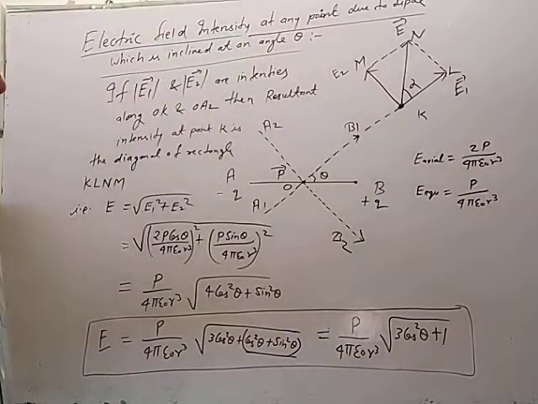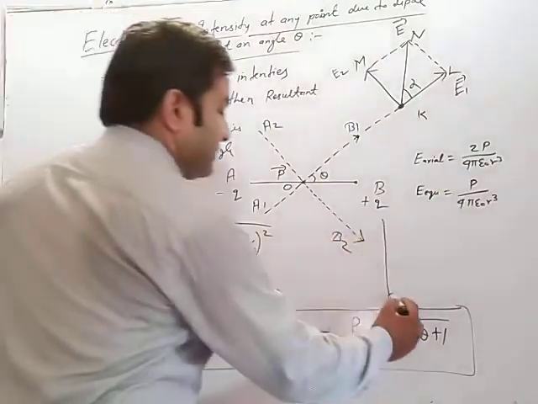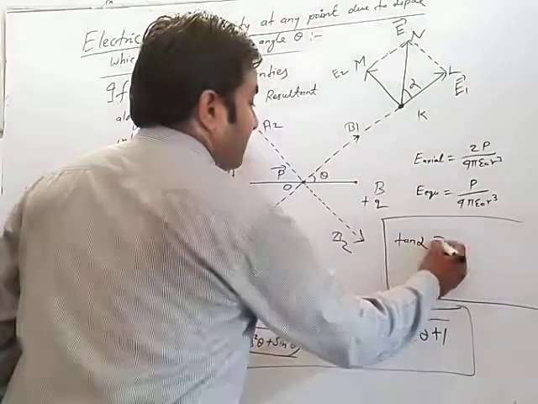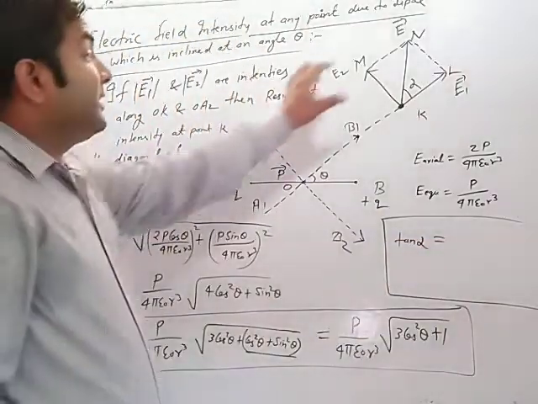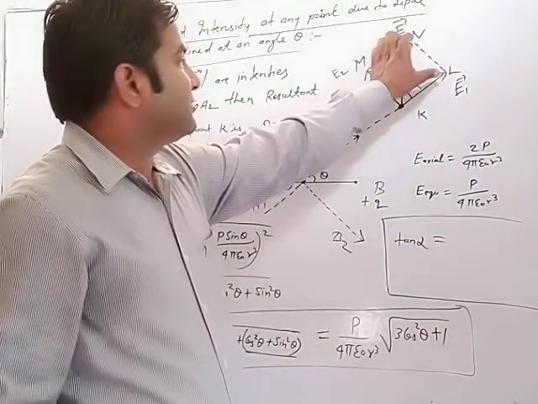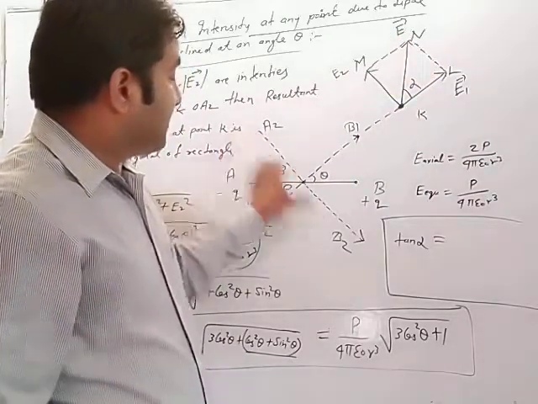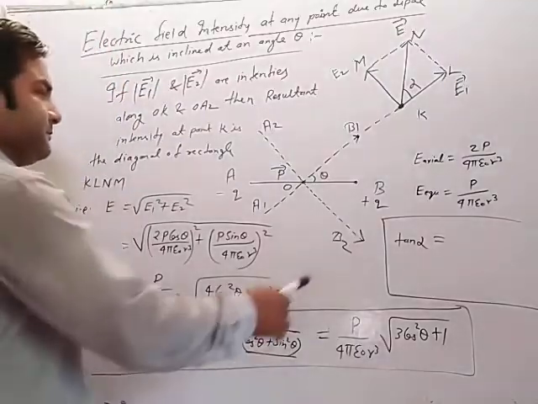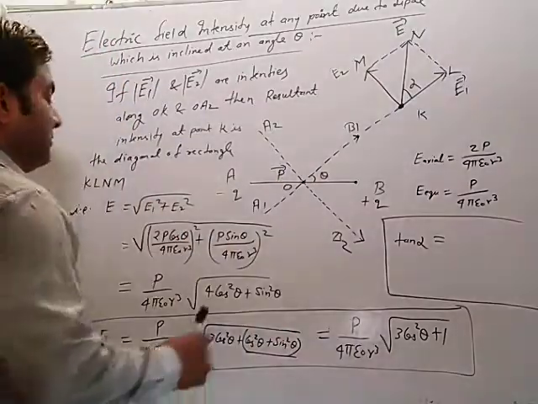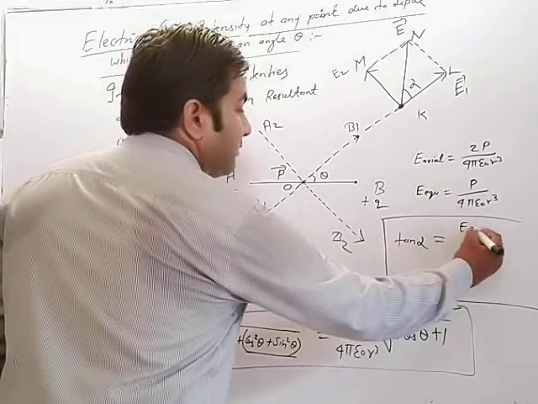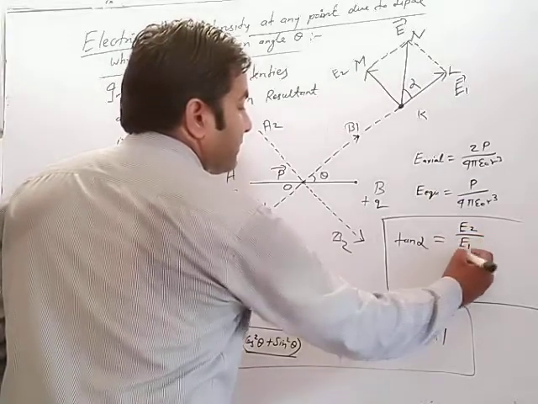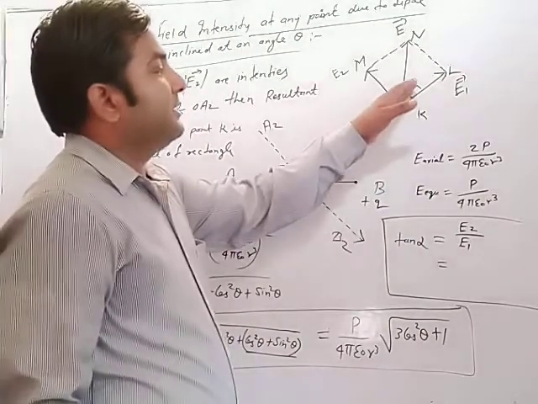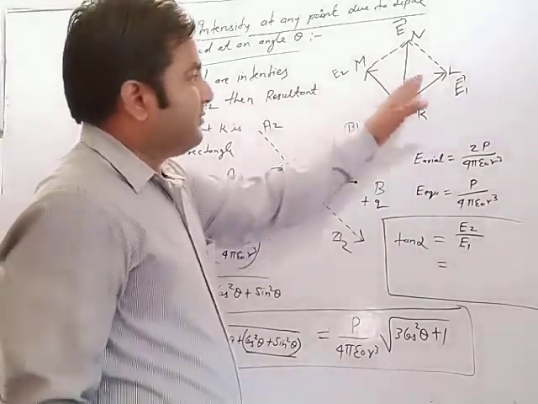In the direction concept, tan alpha is equal to perpendicular upon base. Perpendicular means the vertical component of the intensity, that is E2, upon E1 along the axial condition, that is, the E1 value along the equatorial condition.